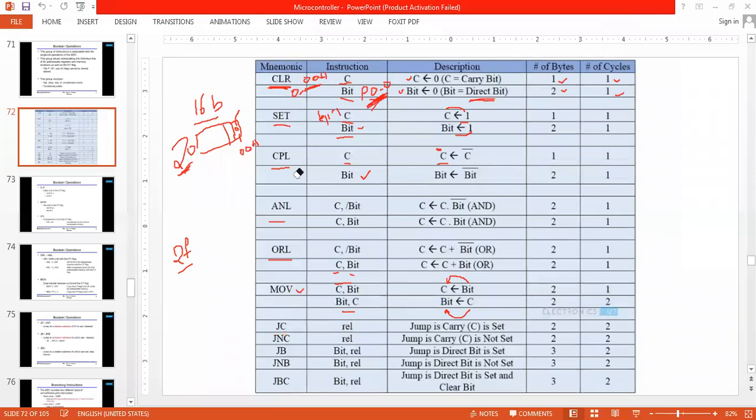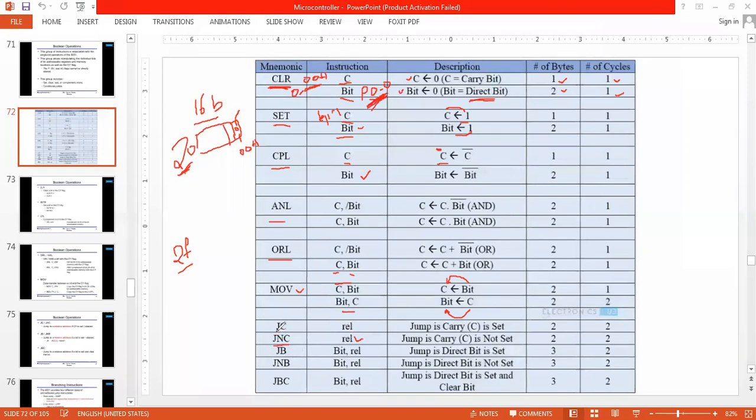Then JNC, jump if no carry to the particular relative address. We will see the in-depth working of these jump instructions in the further slides.